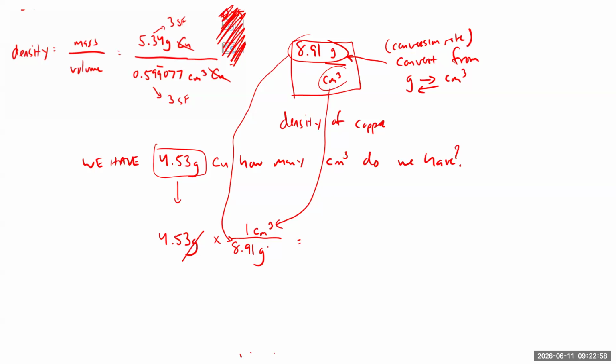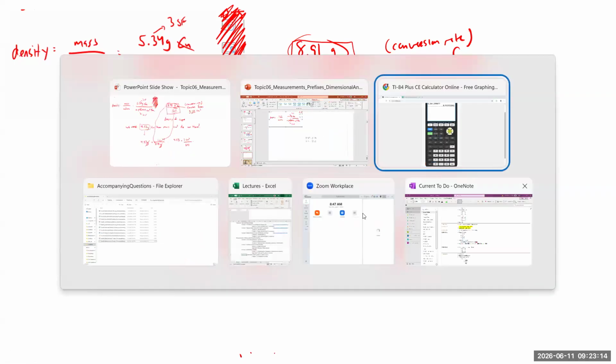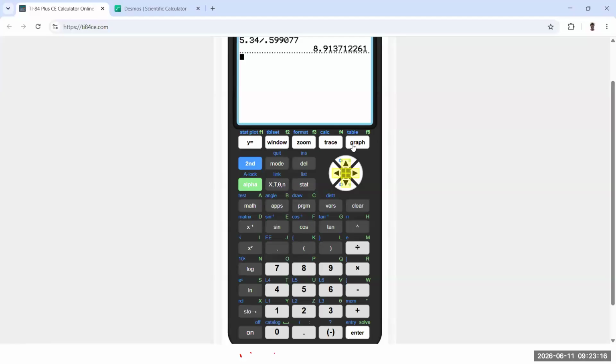The grams on top and the grams on bottom cancel out. So we're going to do 4.53 times 1 cubic centimeter over 8.91. So 4.53 divided by 8.91. Let's clear this. 4.53 divided by 8.91.